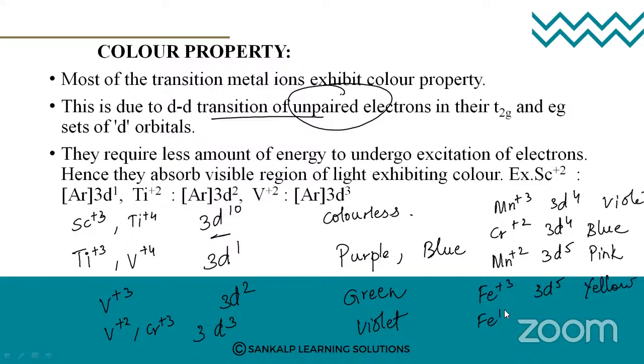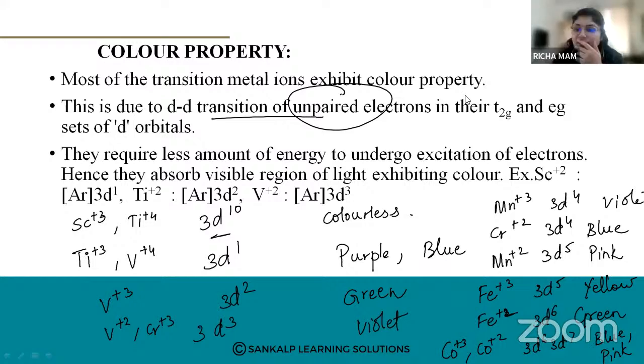Then when you have the Fe +2 system, the configuration is 3d6 and the color is green. Then cobalt +3 and cobalt +2 will have 3d6 or 3d7. The color will be blue and pink. If you have 3d6, you will have blue color. If you have 3d7, you will have pink color.